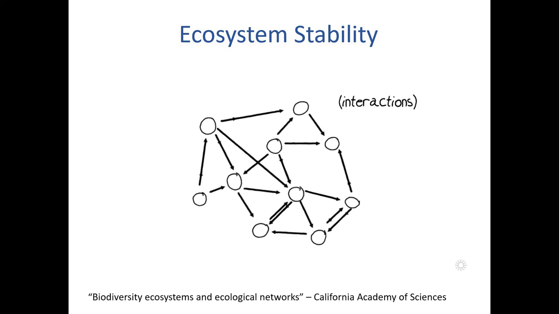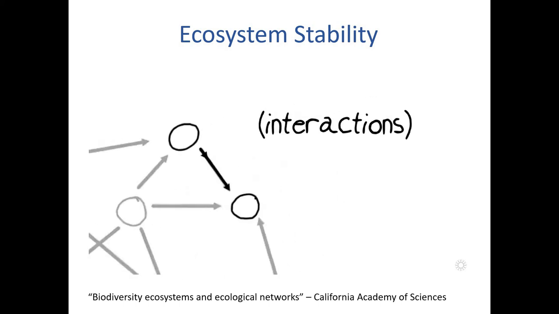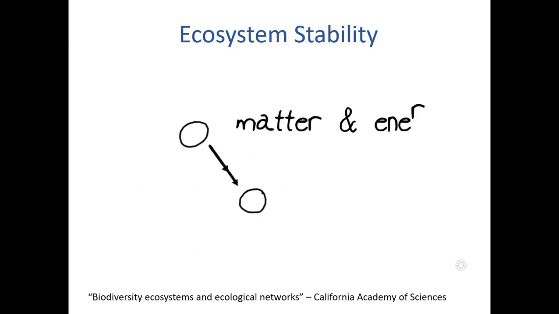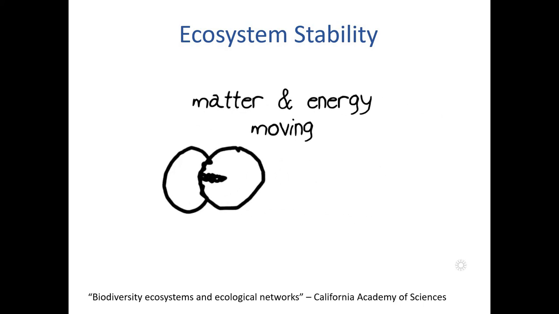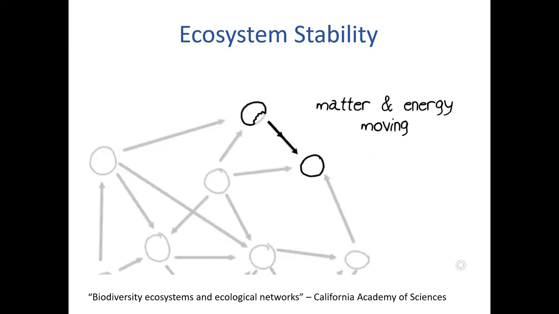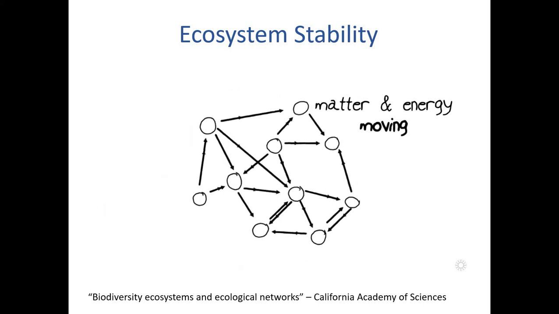And we can make the lines directional to show that material or matter and energy are moving from one species to another. When one organism takes a bite of another, it not only gets a mouthful of matter or food, but that food contains energy. So these arrows show the direction that energy is flowing from one species to another.